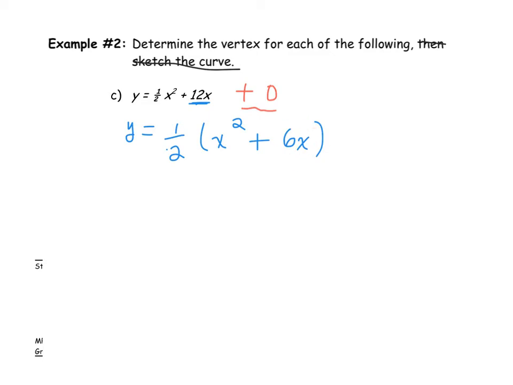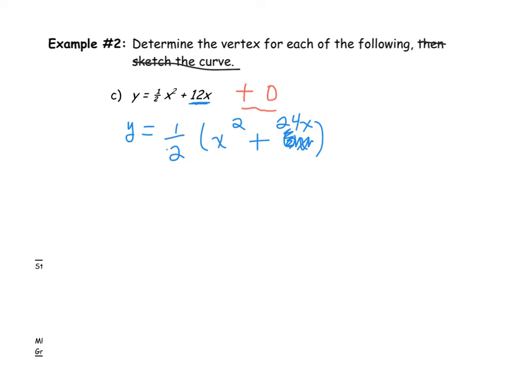So what should I have there? Well, I should have 24x instead. And that way, when I multiply the 1/2 in, 1/2 of 24 gives me 12. So I have what I started with. Okay. So that's one strategy you can use when working with simple fractions.